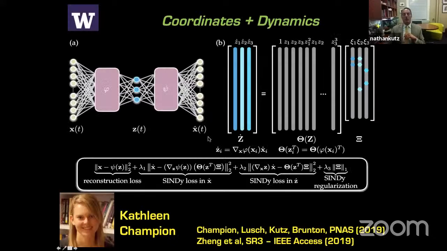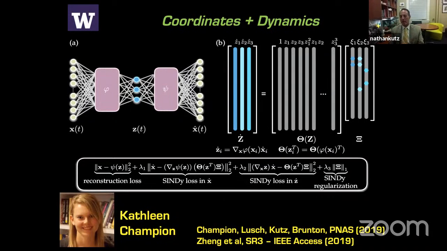Okay, so this was the idea. This is the work with Kathleen Champion. Kathleen did this work. The whole point here is to discover this pairing: find me coordinates, then give me governing equations in these coordinates.